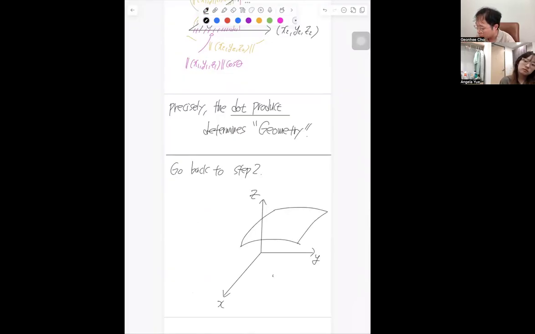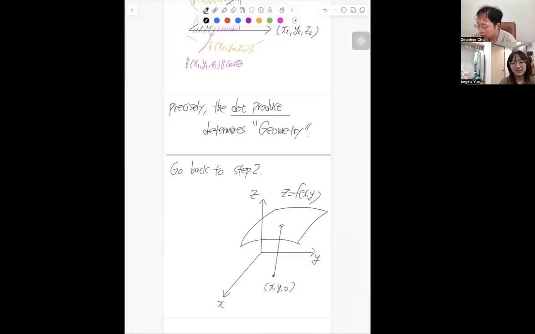For each point (x, y, 0), that will determine the height. So this is just a graph of some function. Is it okay with you? You can also find the explicit form of this f for the sphere and the torus if you want, but I just want to draw the abstract picture. Is that okay with you? Yes. If you have any questions, let me know.